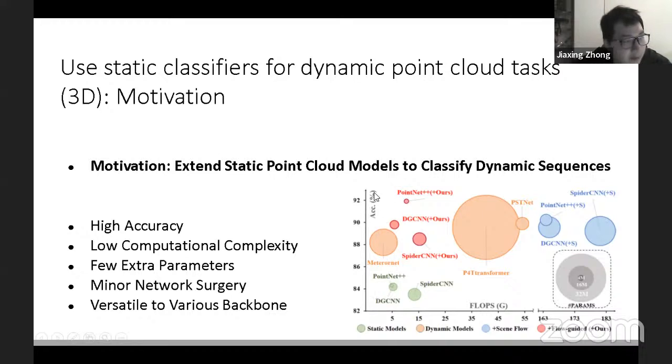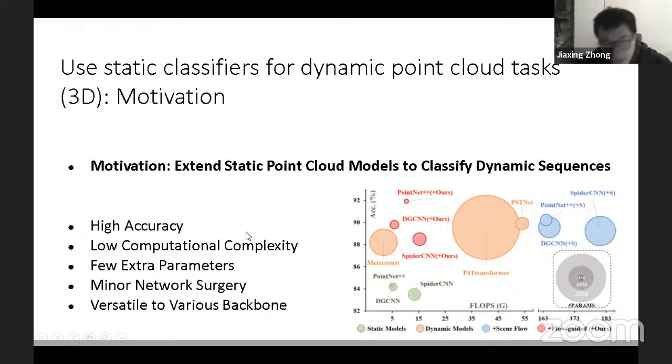Let's look at this y-axis. We have the lowest accuracy here, compared with other static models or others. But if we can extend this model to the dynamic task, we will have high accuracy by improving these static models.